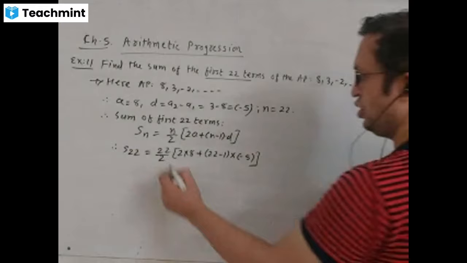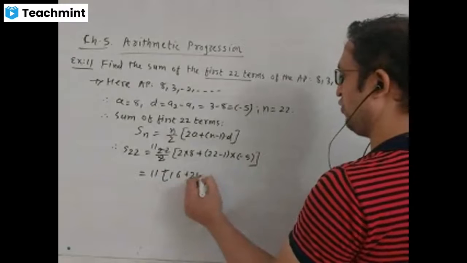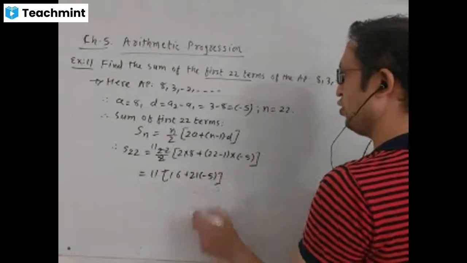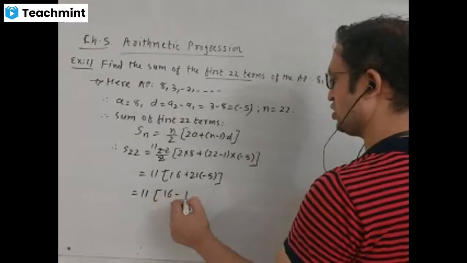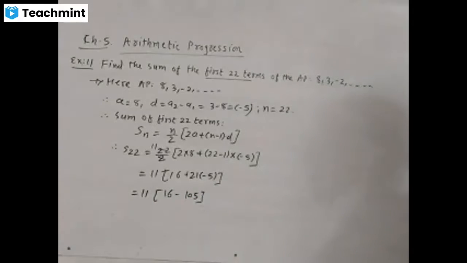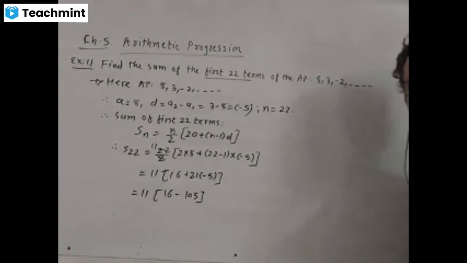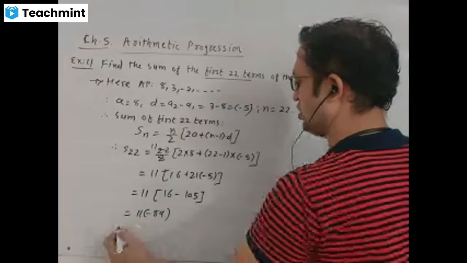22 by 2, that is 11. 2 eights are 16, plus 21 into negative 5. 11 fives are 105, and 16 minus 105, that is negative 89. 11 into negative 89.